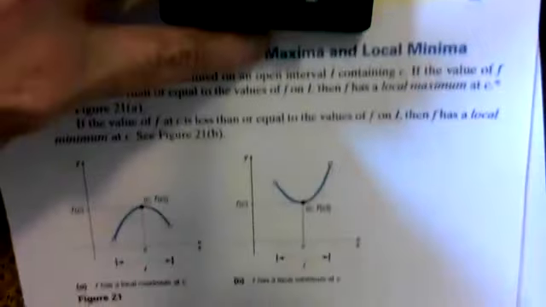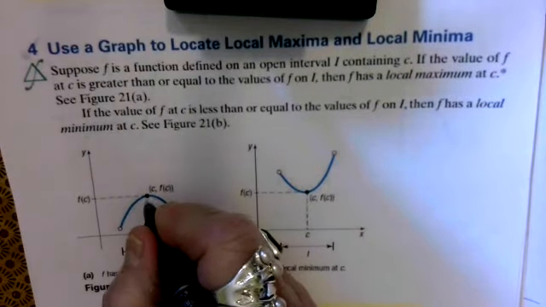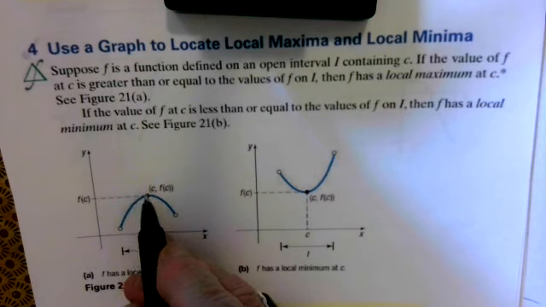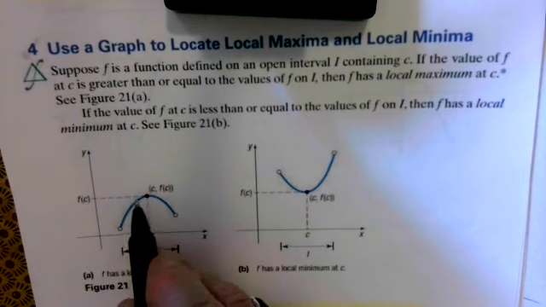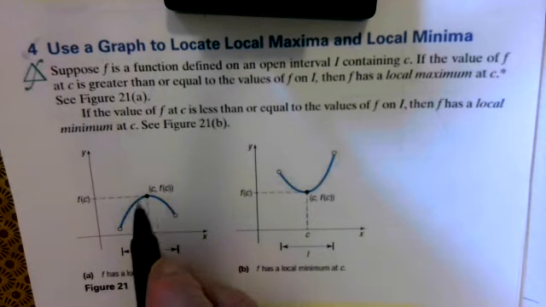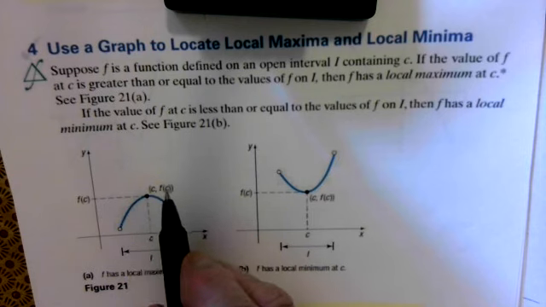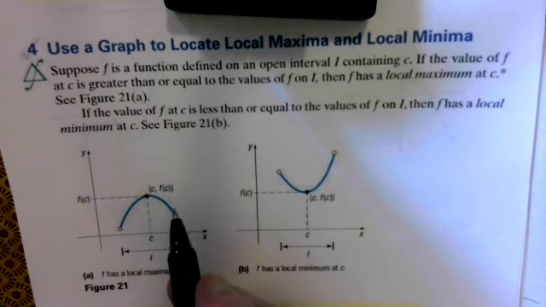So what this means is that at c, the y values to the left and to the right are less than the y value at f of c. f of c is greater than these other y values, which it looks like right here.